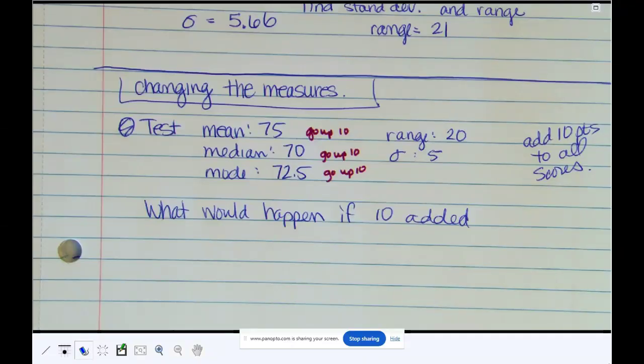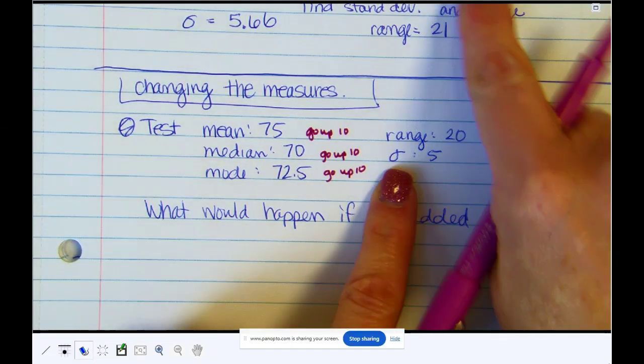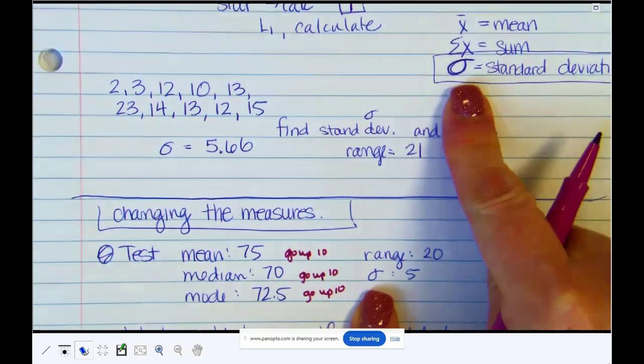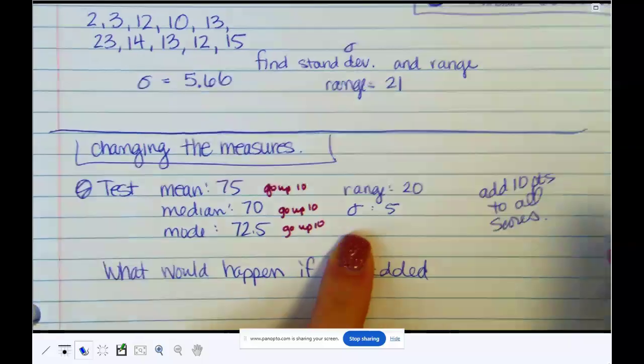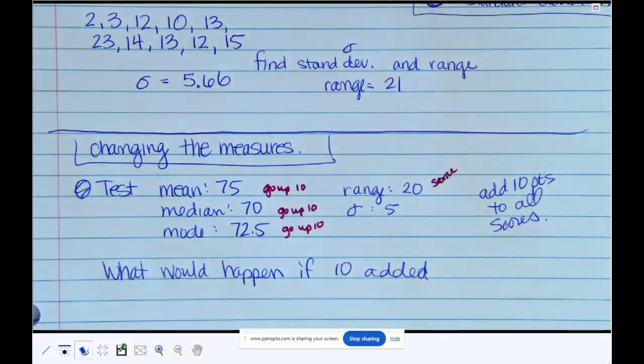What is that symbol? That is standard deviation. It's my snaily tape measure. So this stays the same. Standard deviation measures how spread apart everybody is. What's going to happen to it? It's going to stay the same because I gave everybody 10 points.